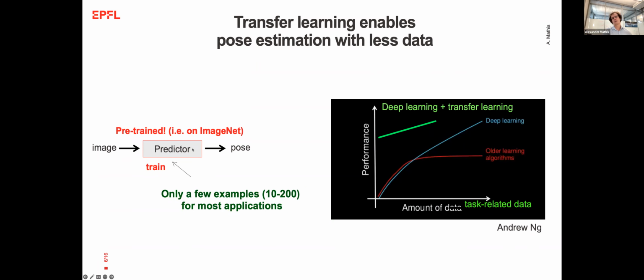So this is ResNet pre-trained on ImageNet, which is this large-scale data set for object recognition. If you start with those model weights that are pre-trained on a data set, then you can actually reach much higher performance on the task of pose estimation, despite having relatively small data sets annotated. Okay, so that's the key idea behind transfer learning.